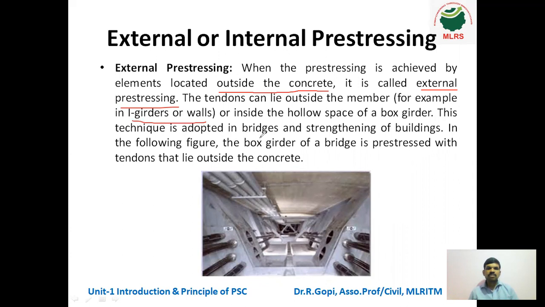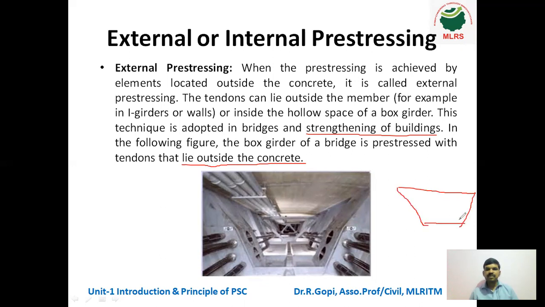This technique is adopted in bridges and strengthening of buildings. Suppose we want to strengthen already constructed buildings using this pre-stressing method, then this external pre-stressing method is adopted. In the following figure, the box girder of the bridge is pre-stressed with tendons that lie outside the concrete. You can see here, this is the box girder, with this trapezoidal shape.